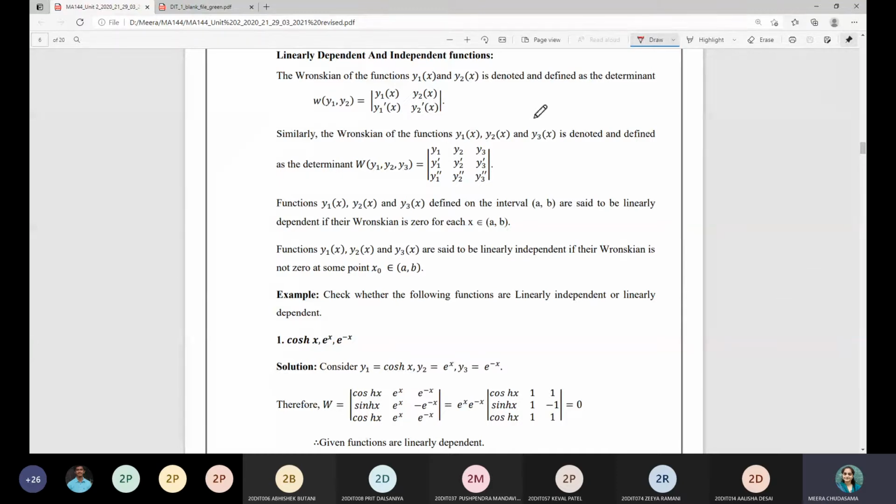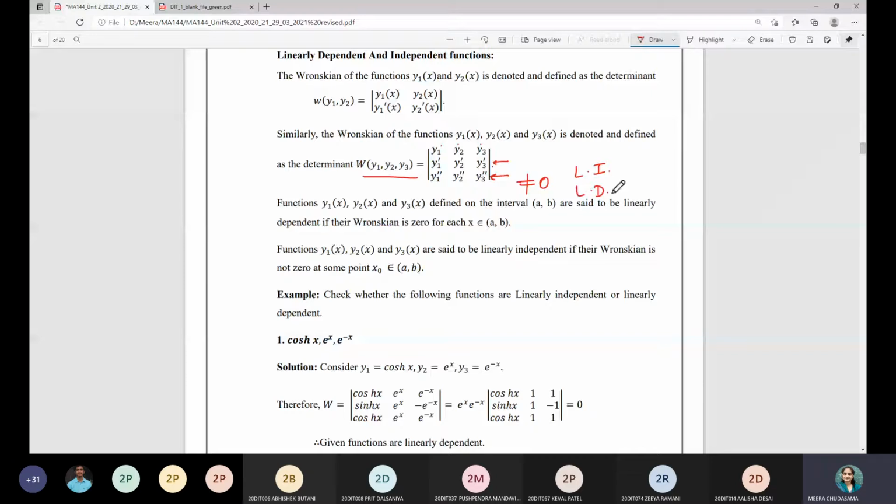To check whether the solution set is linearly independent or not, we require a necessary and sufficient condition in terms of the Wronskian. The Wronskian is determined by the determinant of the solution set y1, y2, y3. If it is a third order differential equation, the second row and third row will be the first and second order derivatives respectively. Right? So using the Wronskian, if this determinant is not equal to 0, the given solution set functions will be linearly independent. If it is 0, then it is linearly dependent.